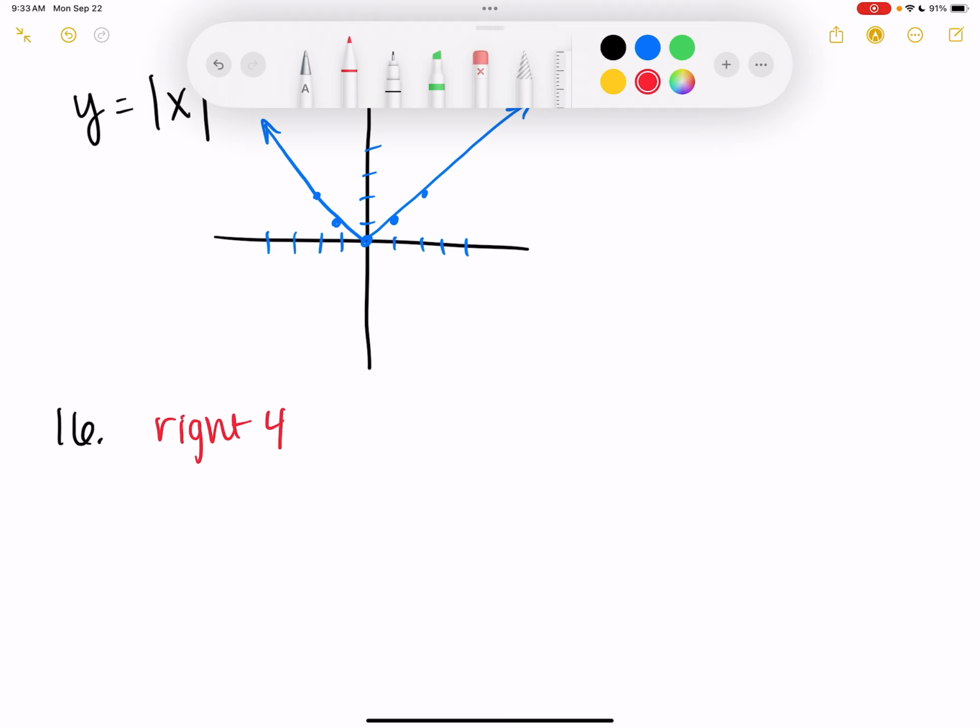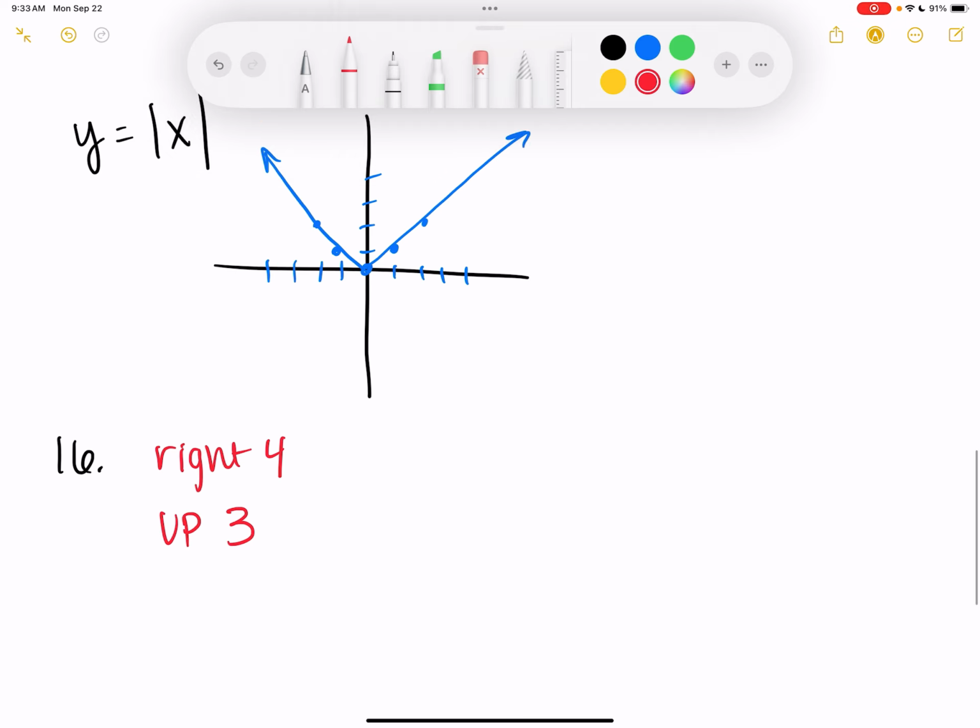This graph has gone to the right 4, and then it has also gone up 1, 2, 3. A normal absolute value graph is y equals the absolute value of x. So I need to take what has happened to this graph and add into that original equation what's going on with this one.